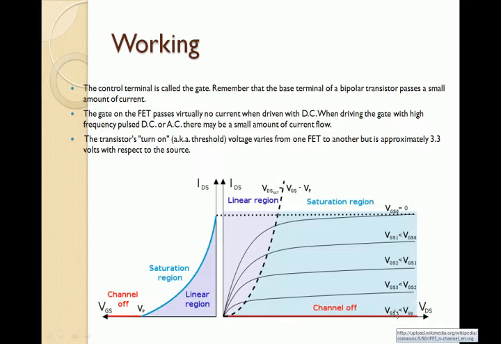When we increase the VGS, we enter the region of saturation, and there is another region, the linear region, where the output drain current is proportional to VGS minus VP. So we have the drain current directly proportional to the VGS in the linear region.